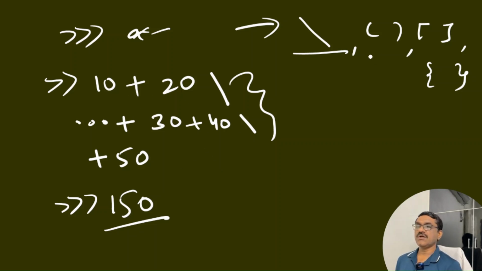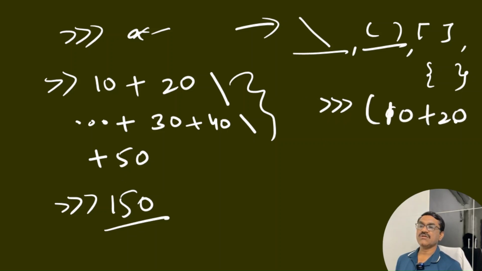Not only this, you can also use parentheses. How to implement these parentheses? Just at the Python shell, you write a left parenthesis, 10 plus 20. On the next line, we write 30 plus 40. No need to write any dots here; dots will not be displayed. After writing the left parenthesis and providing the values, it is waiting for the right parenthesis.